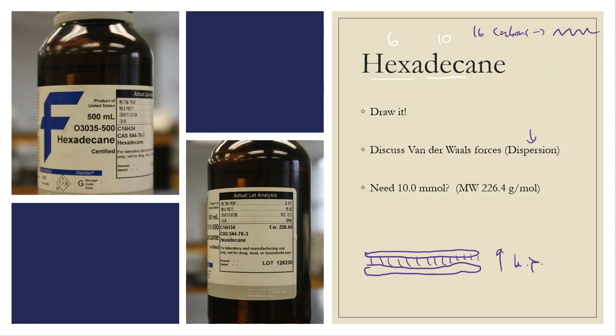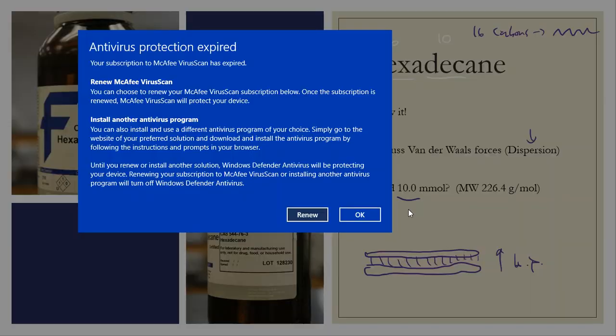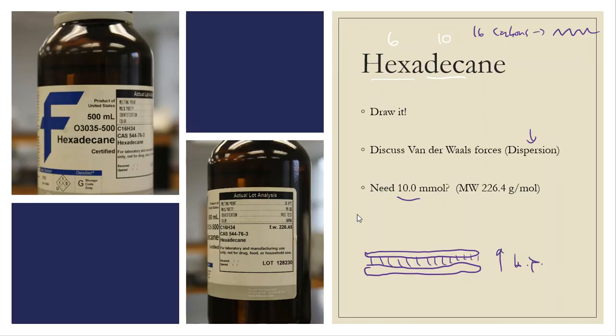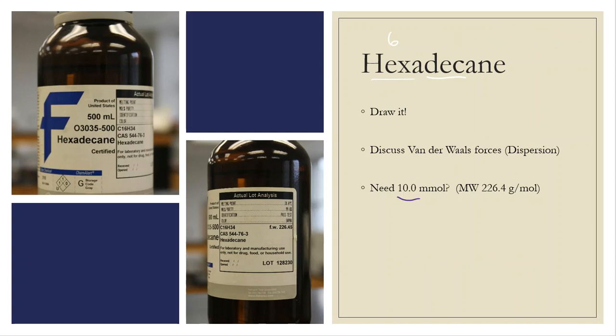The other thing I want to talk about, though, is that the lab tells you that you need 10 millimolars of material. Okay, so we're going to walk through this step because this could be a question that you got wrong in the pre-lab video, and you might be wondering, well, how on earth can I actually go through and calculate that value? Well, here's how you do it. So 10 millimolar. Millimolar is like milliliter or milligram.